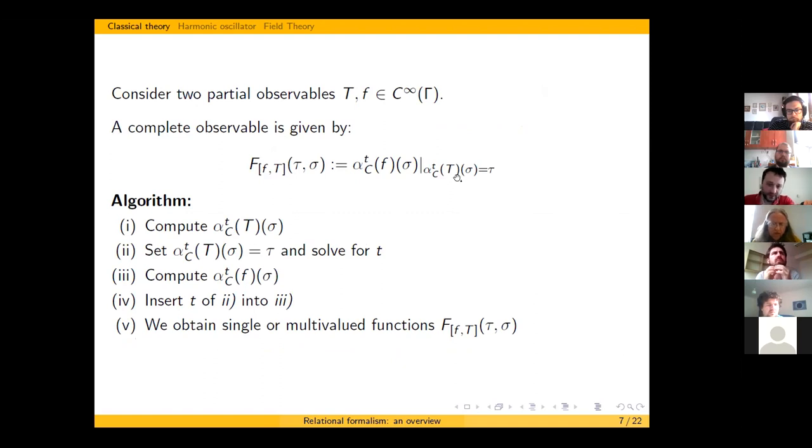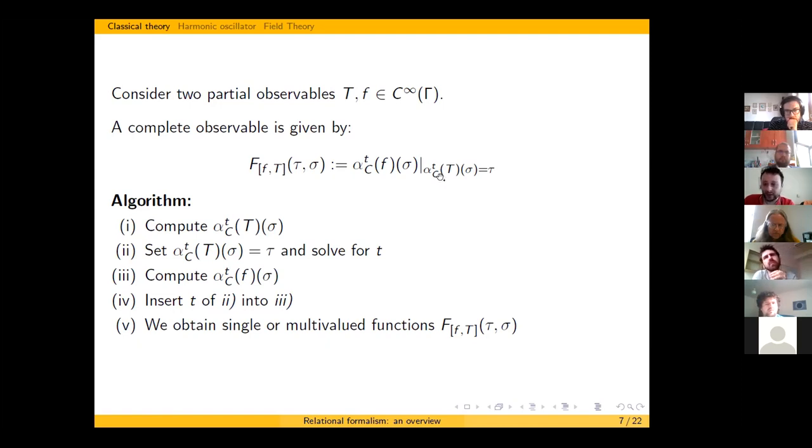We have a partial observable, just a phase space function T, and we create the flow. This is the gauge orbit of this partial observable at the point sigma, namely passing through this point sigma in the phase space. So we have a gauge orbit, in this case where there is just one constraint.